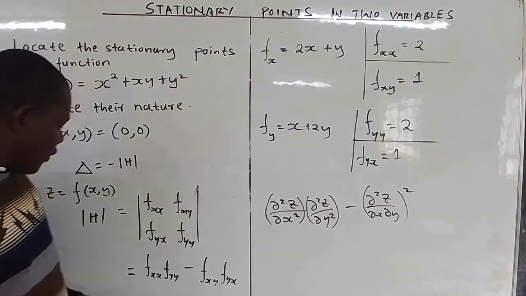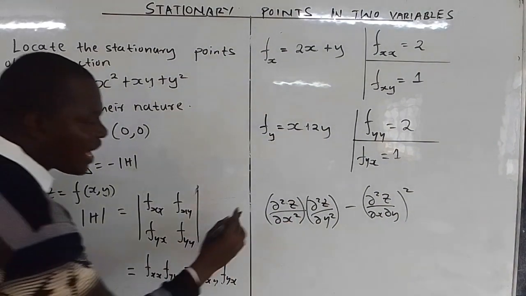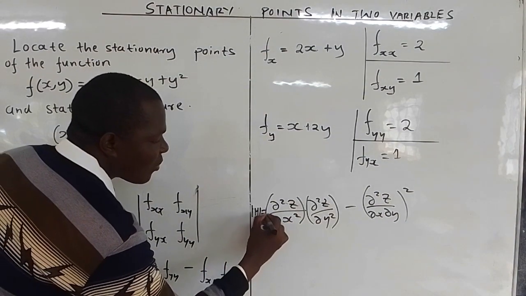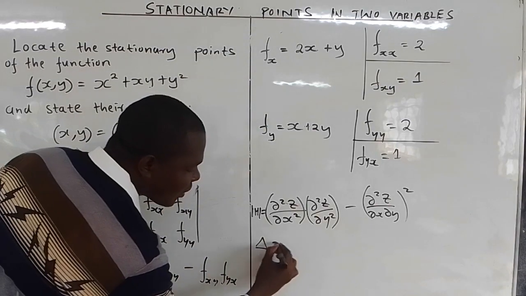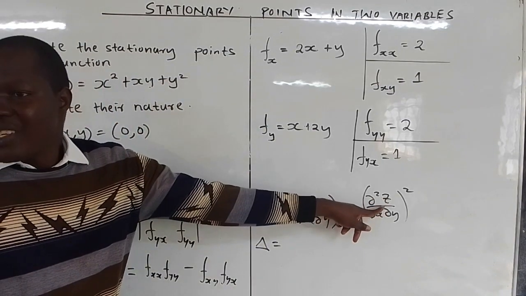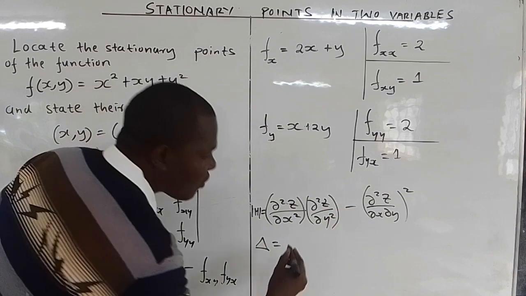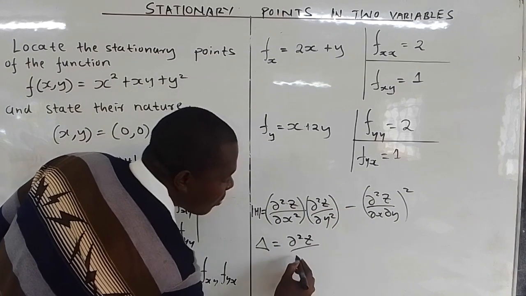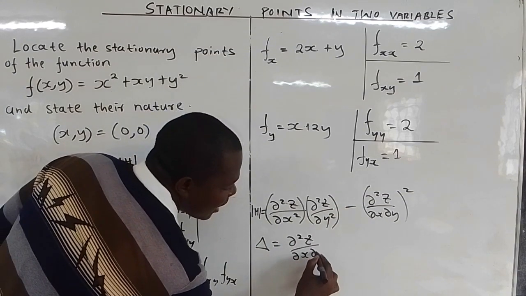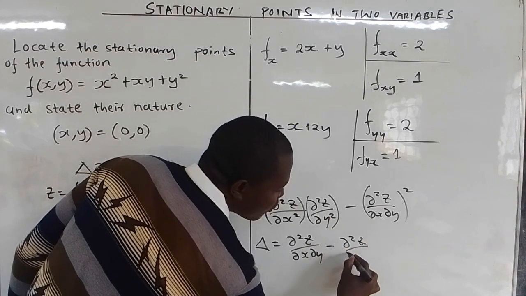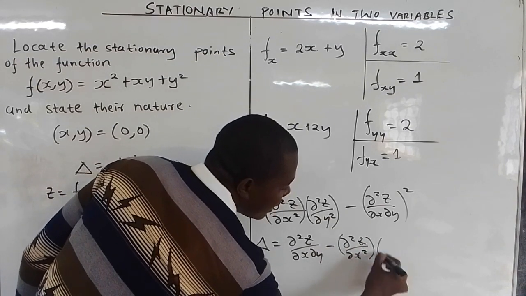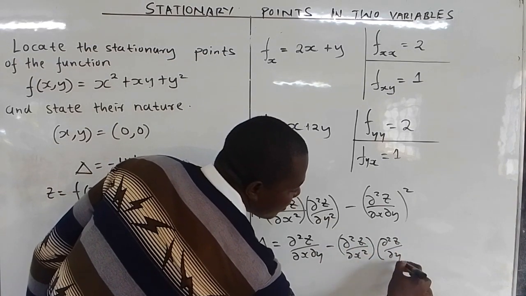So this is the determinant of the Hessian matrix, but the discriminant is always starting with that, isn't it? So if you look for the discriminant, it is partial squared z over partial x partial y, minus partial squared z over partial x squared times partial squared z over partial y squared.